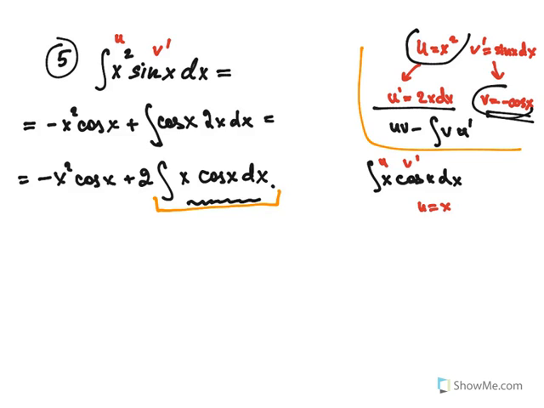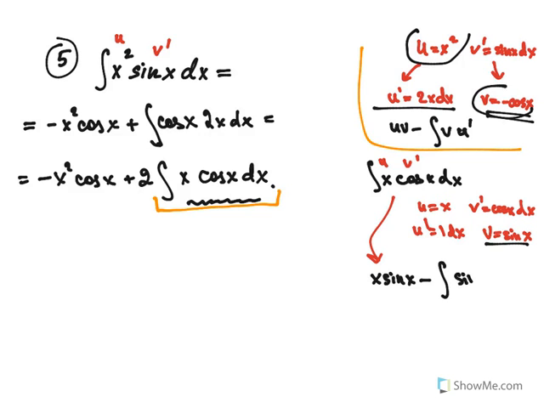So u equals x, v prime equals cosine dx. Therefore, u prime equals 1, and v equals sine, because derivative of sine is cosine. Now that means we get u times v, so that would be x times sine minus integral v u prime, times 1 dx.